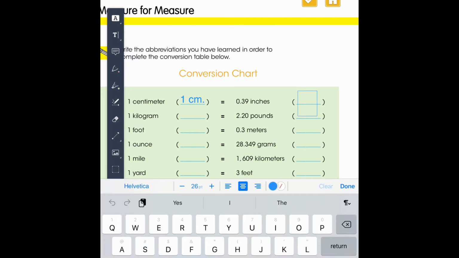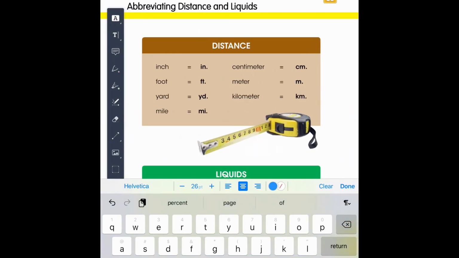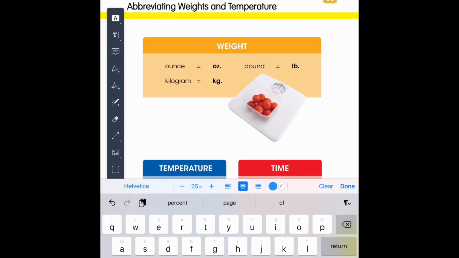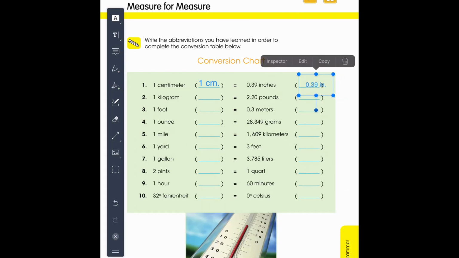So 0.39, and if you don't remember the abbreviation for inches, you can go back again, and the abbreviation for inch is IN and a period. So let's go back, and you can write IN and a period. And the only thing is that you have to write them in each one of them.